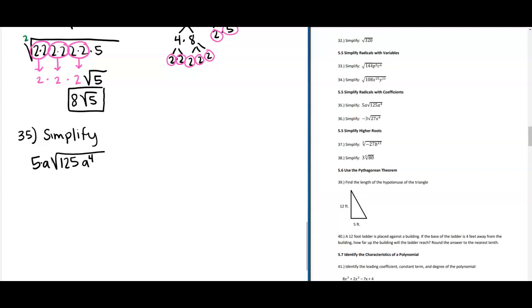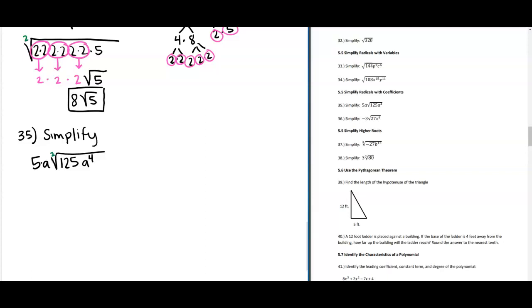Again, remember, when it doesn't show the index there, it's a square root. There's that little invisible 2 that's telling you how many of the same number you need in order for it to come out.